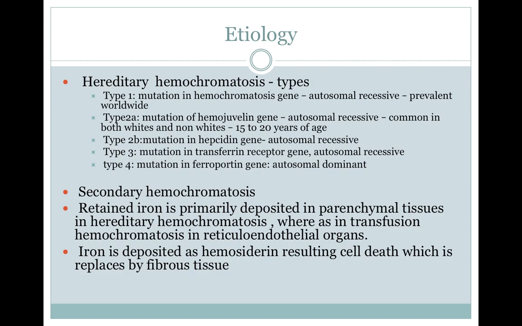There is abnormality of the hepcidin, low levels of hepcidin, which keeps check on the iron absorption at the gut. So there is excessive iron getting absorbed. Well, there is the defect in the ferroportin. Ferroportin binds the iron and carries the iron to reticuloendothelial organs.